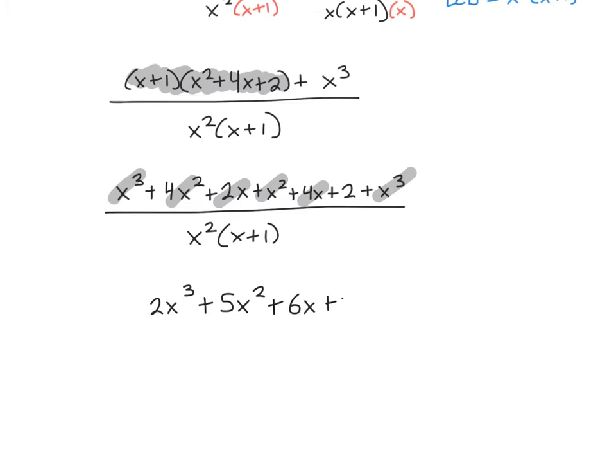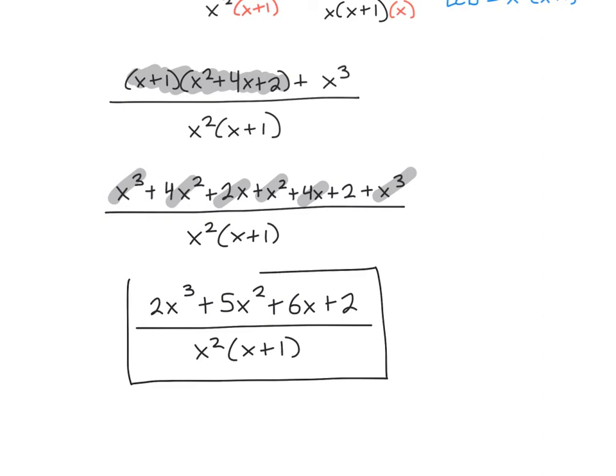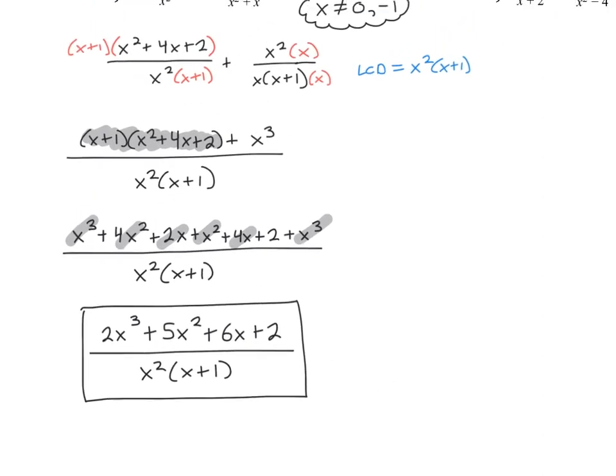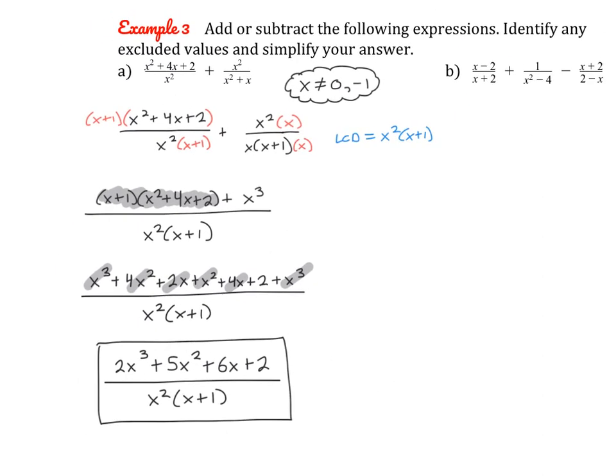And then we have plus 2 over x squared times x plus 1. And since there's no way to factor this, we are done simplifying. And again, our excluded values are already listed up here at the top.